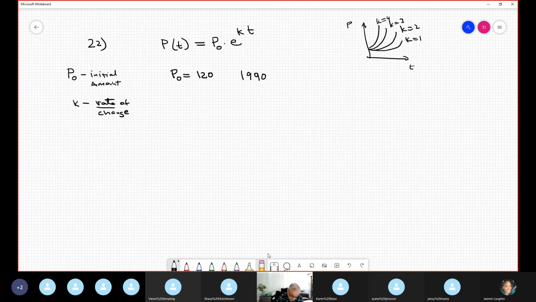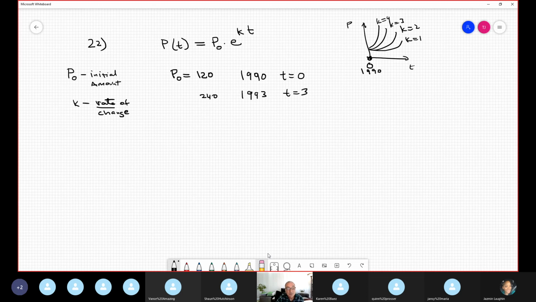I suppose this is the initial time, so t equals 0 is 1990. In 1993, the problem says we have 240. Wow, the rabbit population is increasing too fast. This is t equals 3 years.